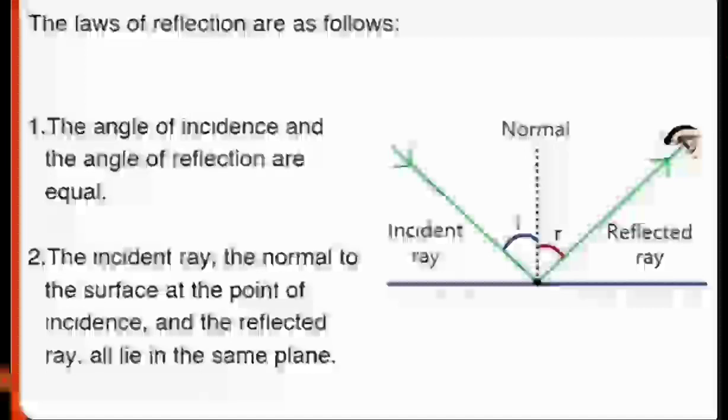What do you mean by the law of reflection? There are two laws of reflection. First, the angle of incidence is always equal to the angle of reflection, and second, the incident ray, reflected ray and normal ray lie in the same plane.